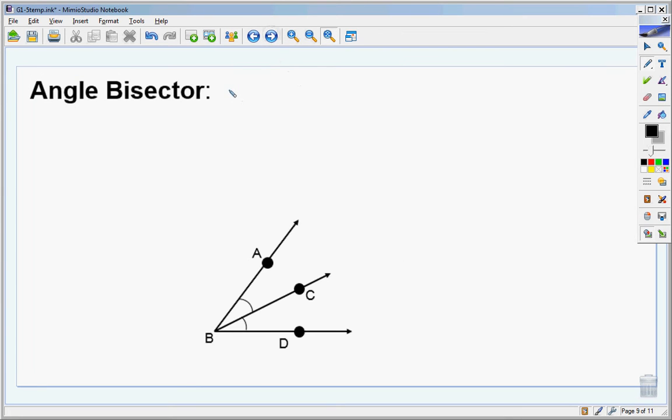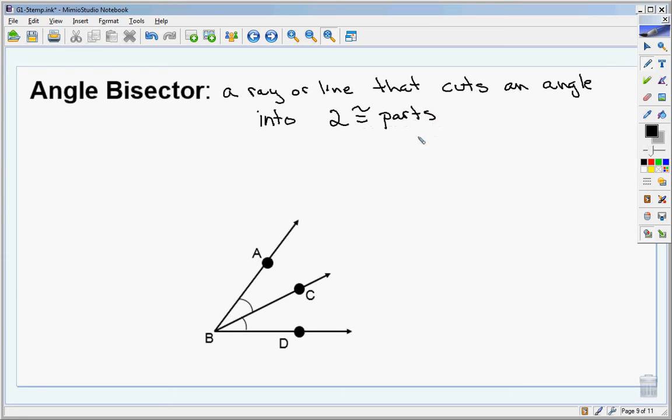Angle bisector. A ray or line that cuts an angle into two congruent parts. If I take a look at the picture that they gave me, ray BC bisects angle ABD.